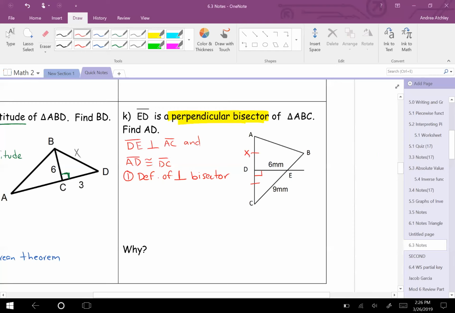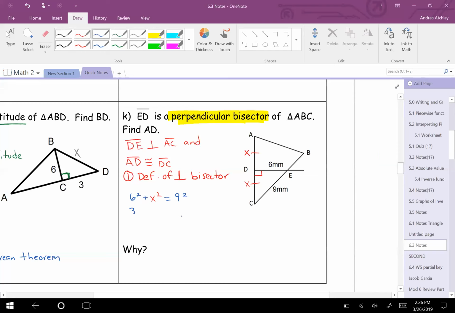Now we want to find AD. Any ideas? Good, I can find DC, which is the same as AD. So again, I'm going to use the Pythagorean theorem. I'm going to say 6 squared plus x squared is going to equal the hypotenuse squared, which is 9 squared.